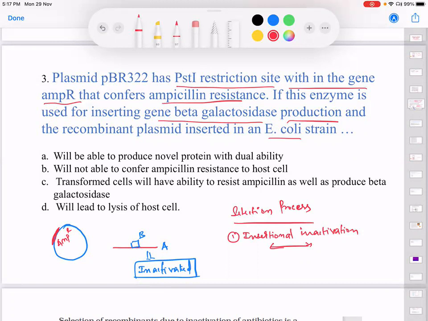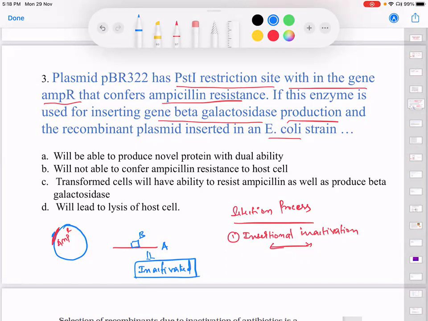Now, what is happening is this ampicillin resistance gene is being inserted with another gene, which is beta galactosidase, which again codes for a protein that helps the cells to get identified through a process called blue-white screening. Now what happens is very simple. I have made it very simple.